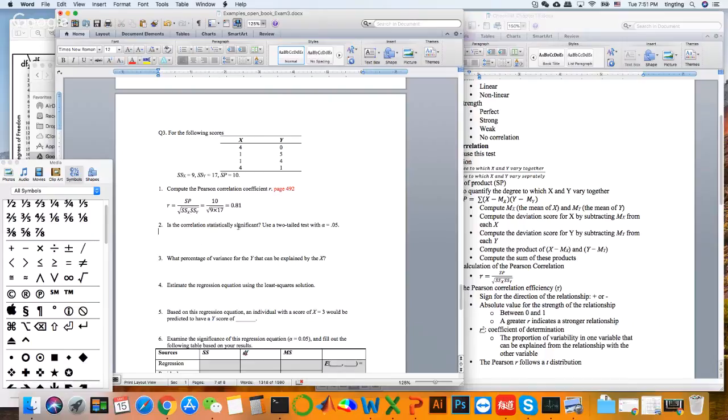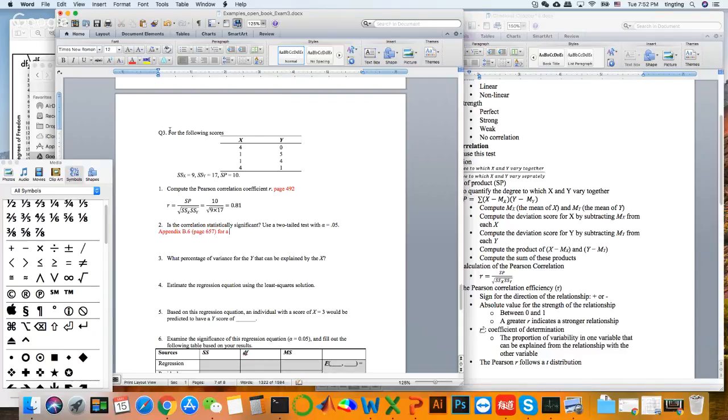Is this correlation significant? Use alpha equals 0.05. For this one, you need to use appendix B.6, which is page 657 of the textbook.